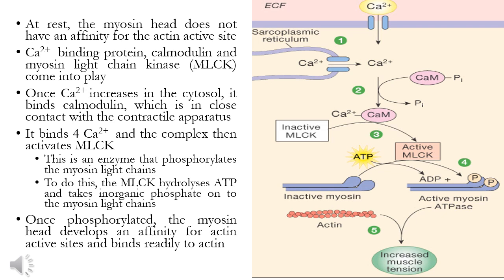All right, now that there is an increase in calcium, what do we have here? First of all, we should note that the myosin is not activated to bind to actin yet, and we need that to happen. So how does this happen? Now that we have increased cytosolic calcium, it will bind with calmodulin, about 4 calcium bind with calmodulin, and then this complex will activate MLCK.